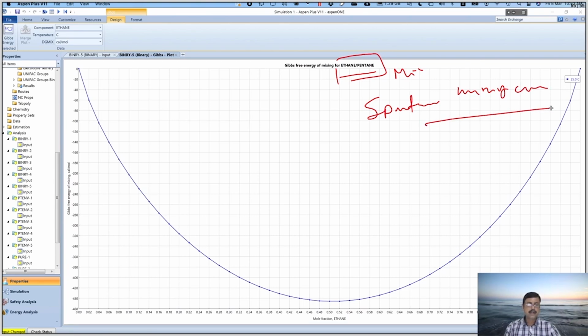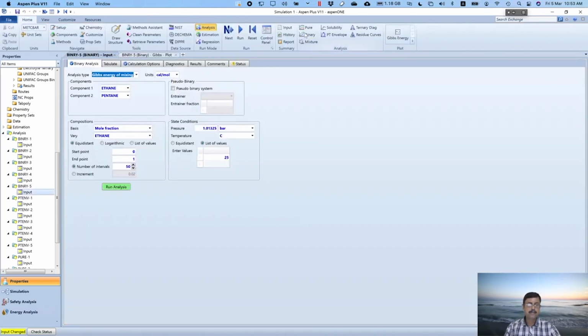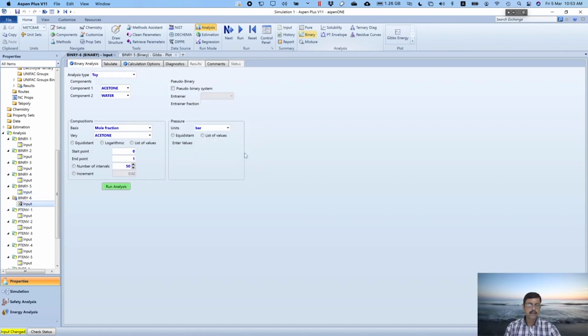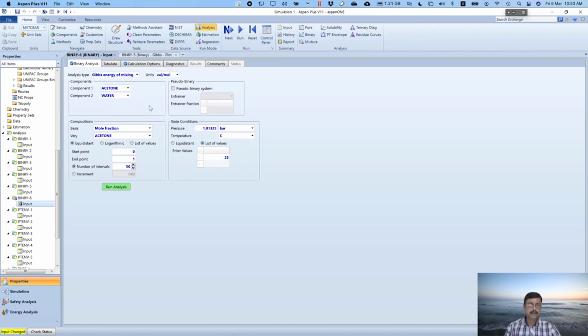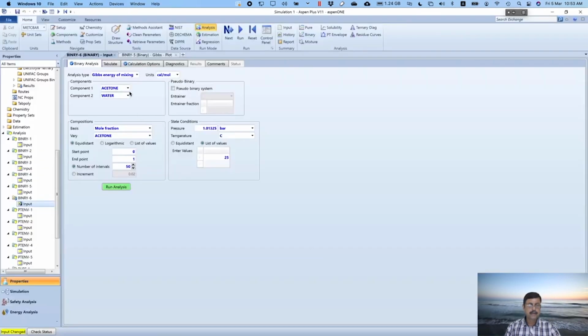Now let us bring in another one, which is water-pentane. So water and pentane, other conditions remain the same. Let us run the analysis.